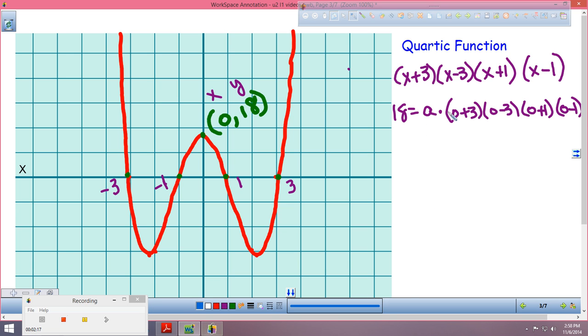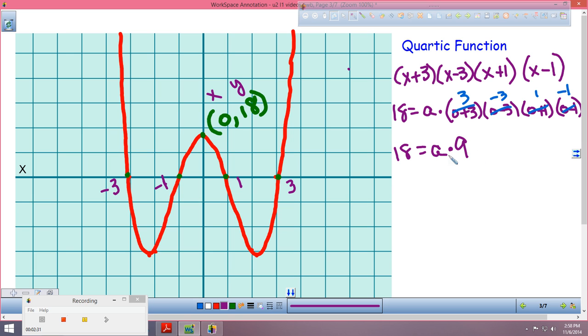Well, let's see. 0 plus 3 is 3. 0 minus 3 is -3. 0 plus 1 is 1. 0 minus 1 is -1. Now I have 18 equal a times, well, 3 times -3 is -9, times 1 is -9, times -1 is +9.